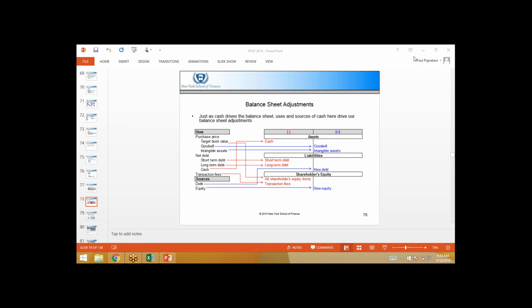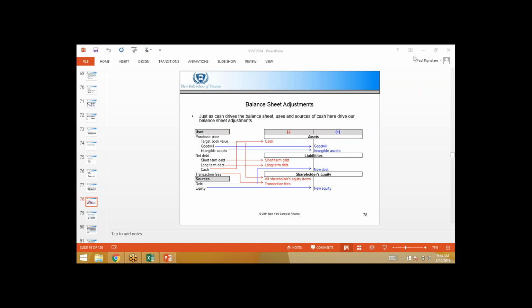And in order for the transaction to be complete, we have to place everything that relates to the equity and debt that we've raised to pay for the transaction, and everything that relates to what we're using that money for, the uses. So let's begin.